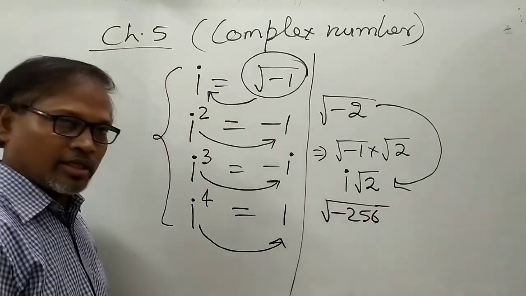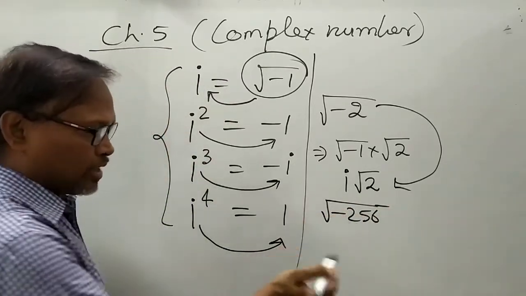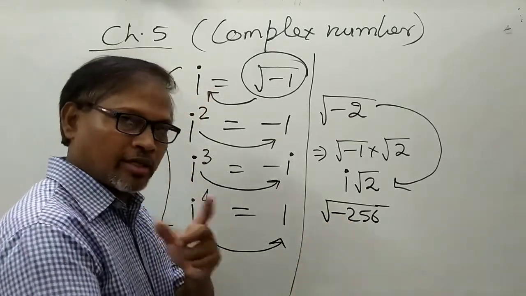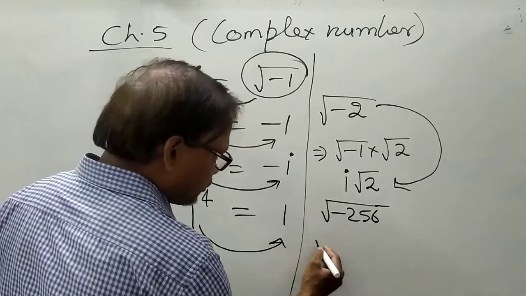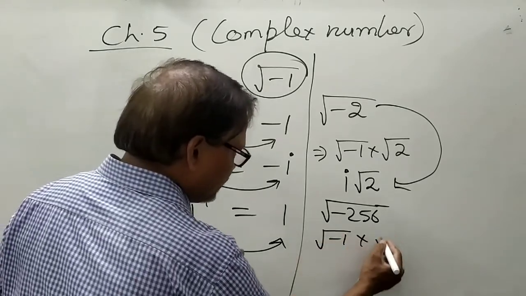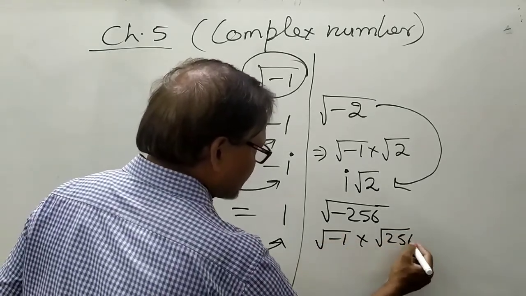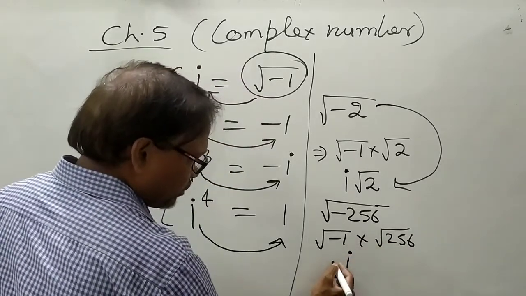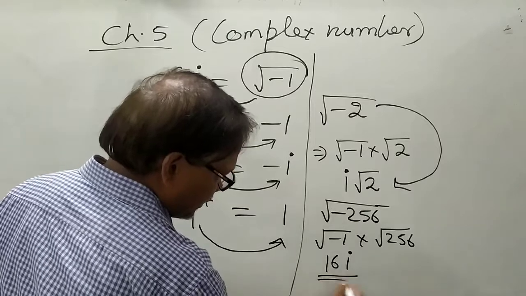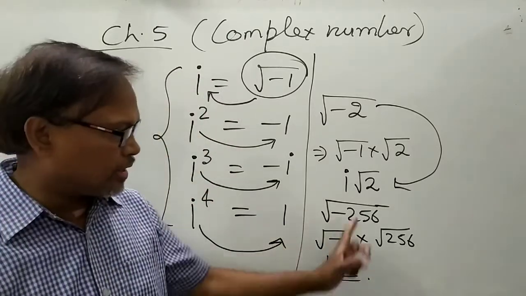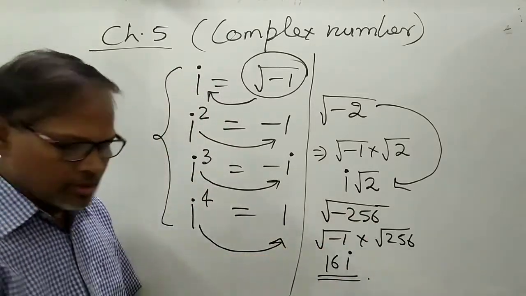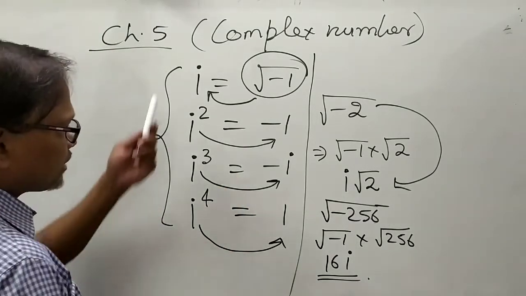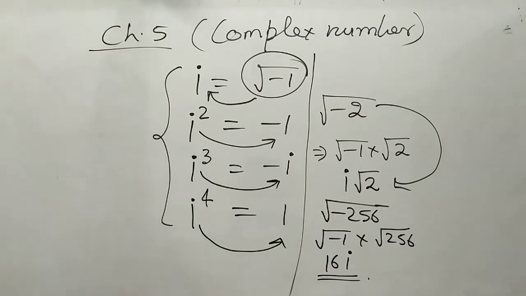Minus cannot be taken outside the under root, so this you will write as under root minus 1 into under root 256, and then this will be I and this will be 16, तो इसको हम 16I लिखेंगे. You will write 16I. Okay, so you can note down these facts about the imaginary number.